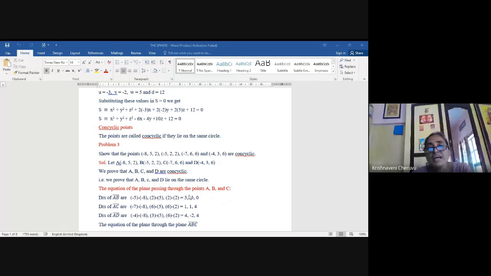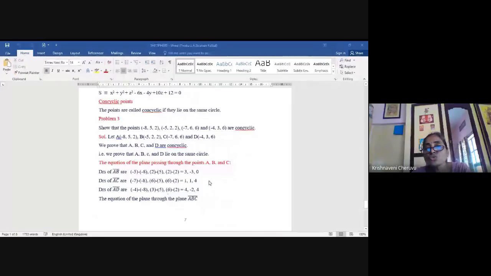So what I did here, the equation of the plane passing through 3 points, I'm finding out. How? I found out AB, AC, AD lines, girls. They are co-initial lines, okay? So I found out the DRs of AB. How will you find the DRs of a line, girls? Difference of x coordinates, difference of y coordinates, difference of z coordinates. Find out DRs of AC.